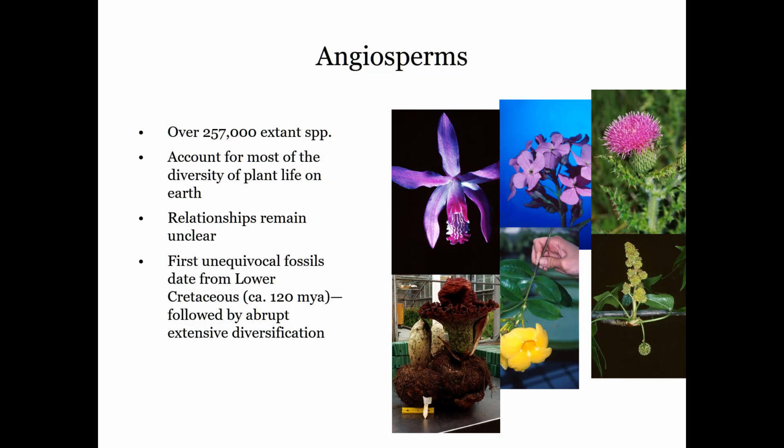And then when we get to the angiosperms, there's a whole bunch. Most of the diversity of plants is in this group, the angiosperms. These are the seed-bearing, flowering plants. There's 257,000 plus living species. They are by far the most abundant. Many of these relationships are unclear and are still being worked out.